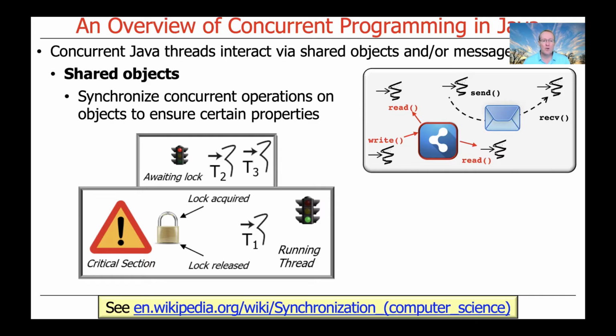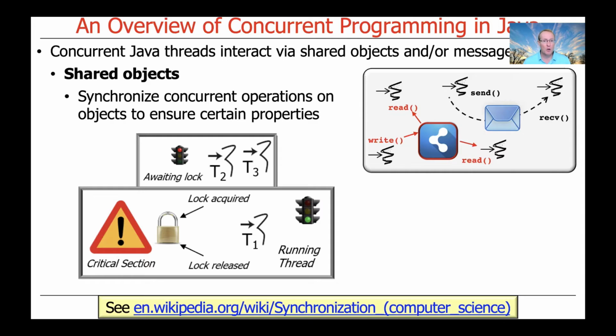They're used to synchronize the behavior of multiple threads to ensure certain properties, most commonly things like mutual exclusion. All that means is that you only want one thread at a time to be in a so-called critical section of an object to make sure that the state that object maintains is not corrupted.